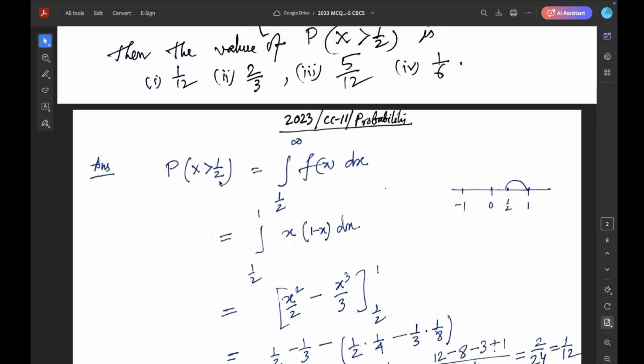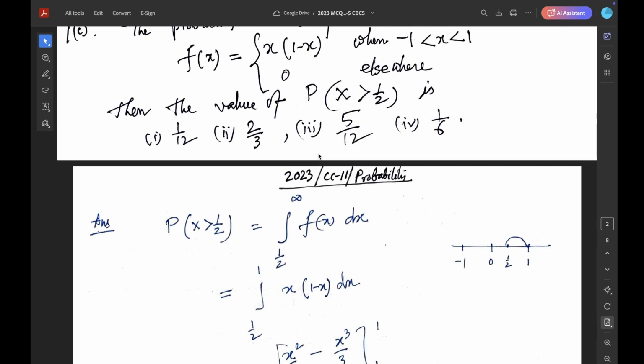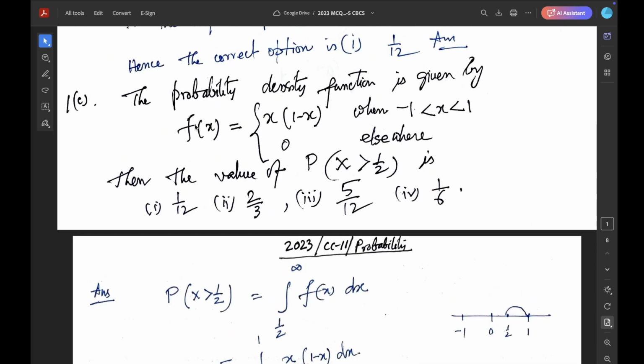Now probability of the event x greater than half is equal to the integration from half to infinity of f(x) dx. Now this f(x), the probability density function PDF, is defined for the interval minus 1 to 1, and otherwise f(x) equal to 0.